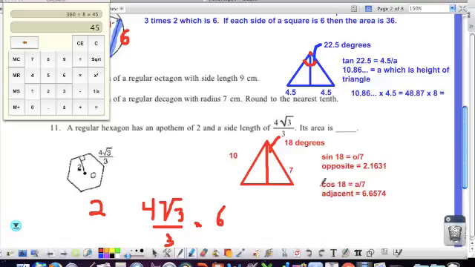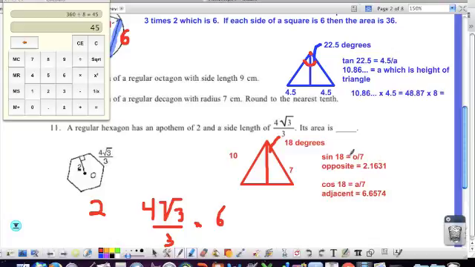2.16131. Now, to find the adjacent to the 18 degree angle, cosine of 18 equals adjacent over the hypotenuse. So in the calculator, 18 cosine times 7, I get 6.6574. Now, I'm going to find the area of this triangle. The opposite is 1/2 of the base.